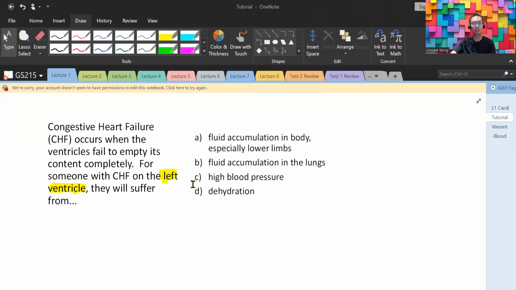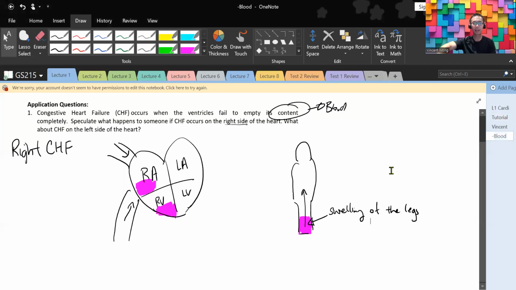All right, so if it happens on the left side, then that means blood is going to be pooling here, right? It's going to be pooling on the left atrium. And then we have to think about where the blood is coming from, right? In the left atrium, the blood is, of course, coming from lungs, right? Because of the pulmonary vein.